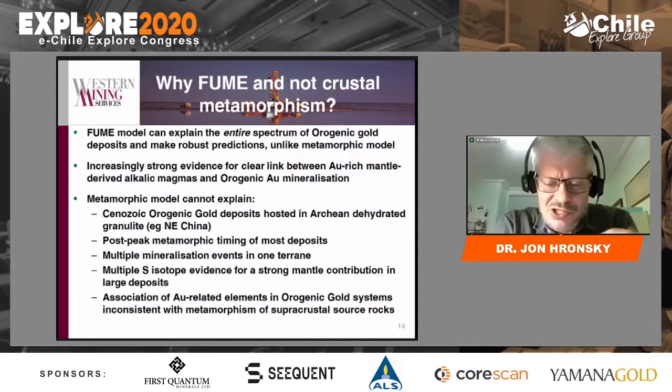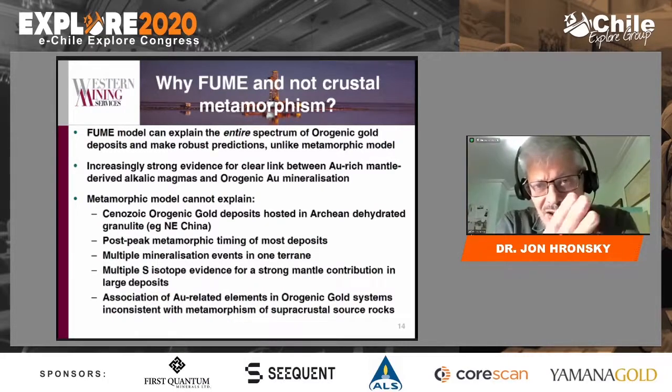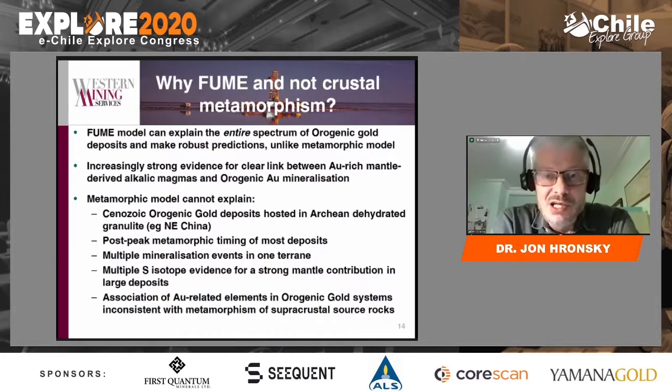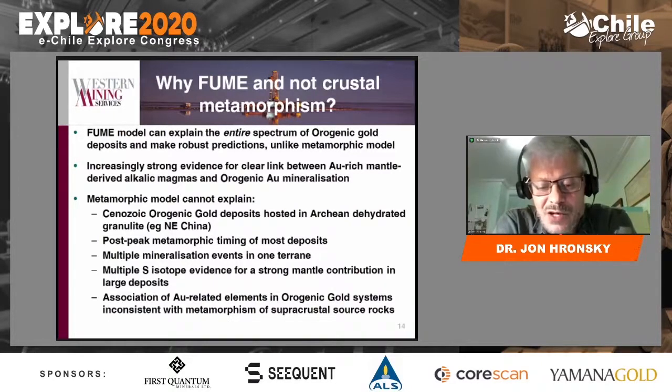One of the questions that I've touched on before, but I'd like to address in a little bit more detail now, is that I'm invoking this FUME process to explain the entire spectrum of gold deposits, and that includes the class of deposits referred to as orogenic gold deposits, which often don't have a particularly close relationship with intrusive rocks, but in some cases they do.